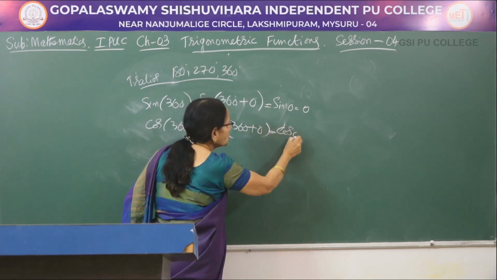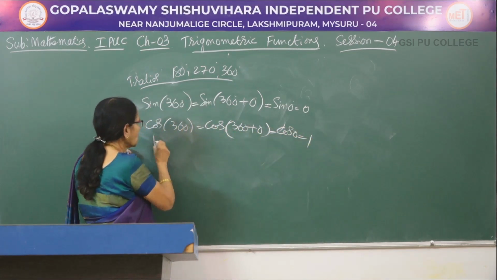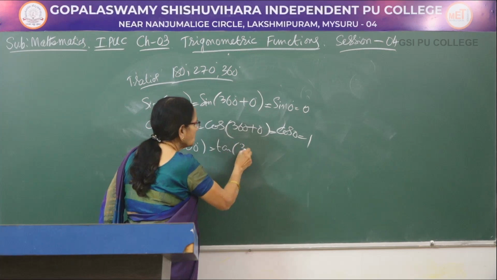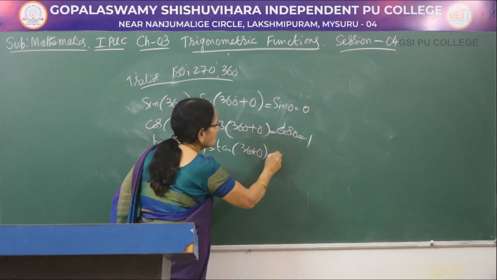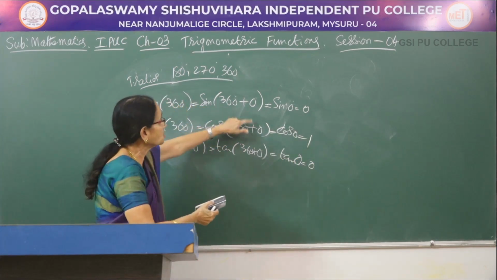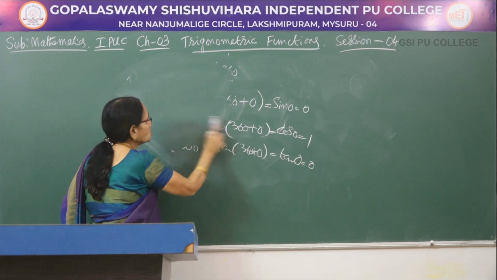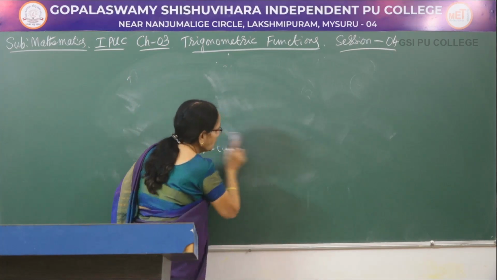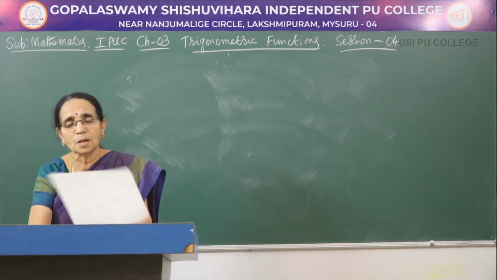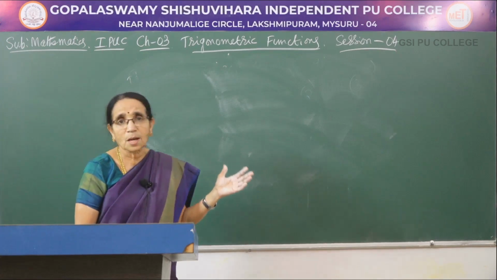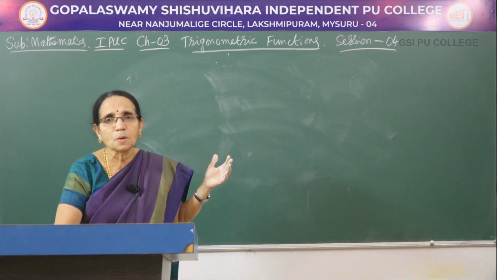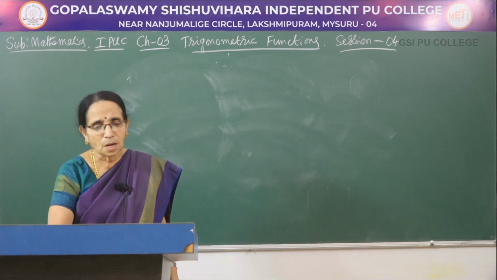It is cos 0 whose value is 1. The third one is tan of 360, that is tan of 360 plus 0, which is again tan 0, equal to 0, because these values are standard values we had learnt in the previous session. So, this is how we get the values of the trigonometric ratios. Of course, the other 3 ratios can also be considered. Usually we take these 3; the remaining 3 would be the reciprocals of the respective ratios.